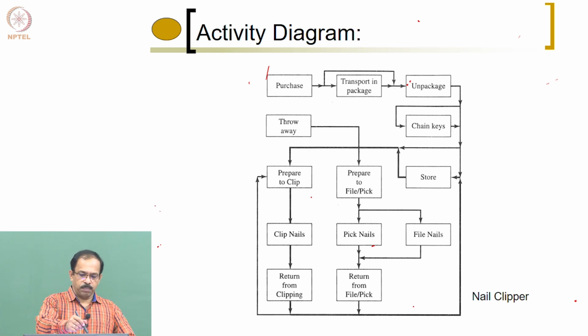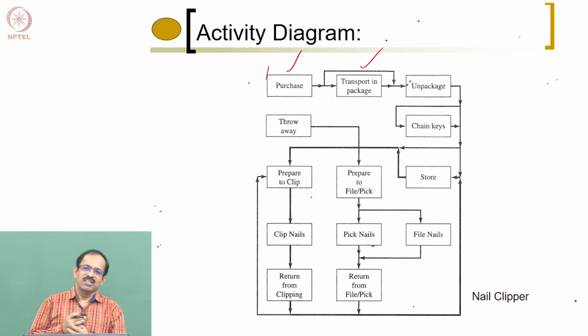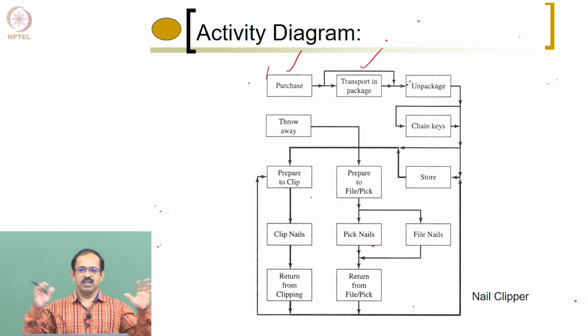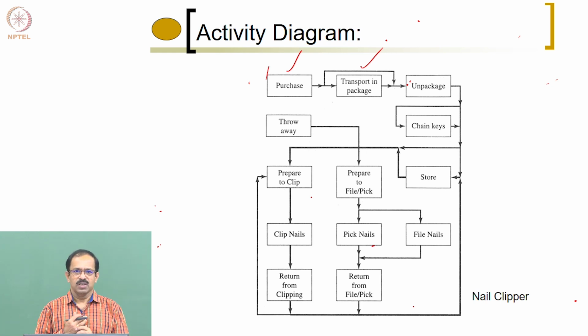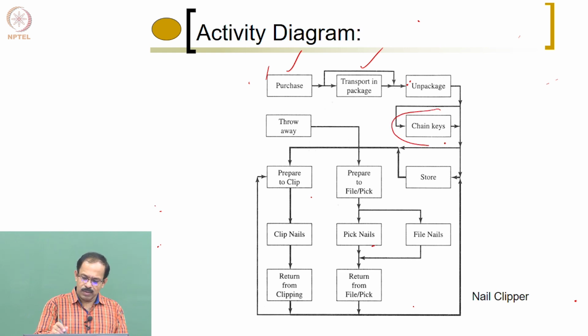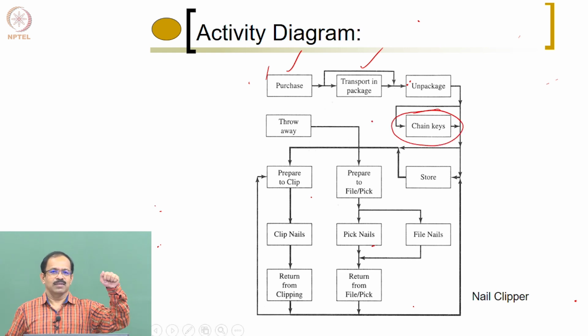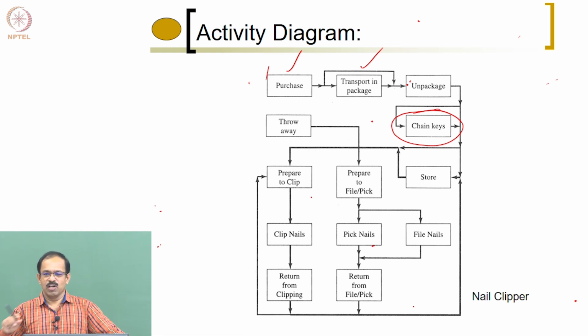So if you look at it, purchase, then transport. Sometimes you carry it, so there is no separate transport involved. Sometimes you put everything into a large basket of purchase you have, and then transport. So if there is a requirement for transport, then you can look at the packaging, otherwise you don't need to worry. And then many times people may put some keys into the nail clipper, and there will be some chain, and then you would like to add something to the nail clipper.